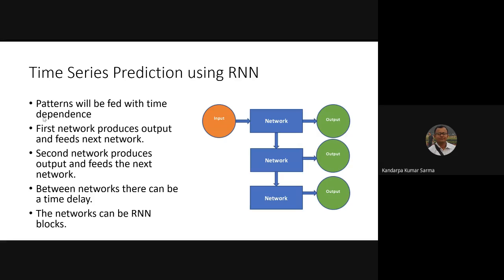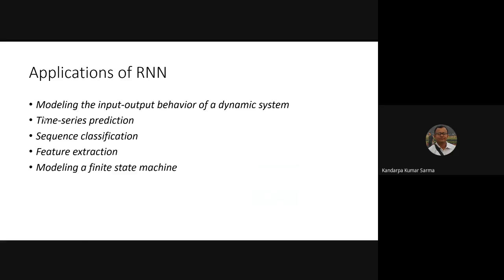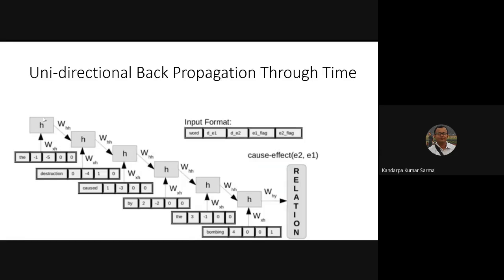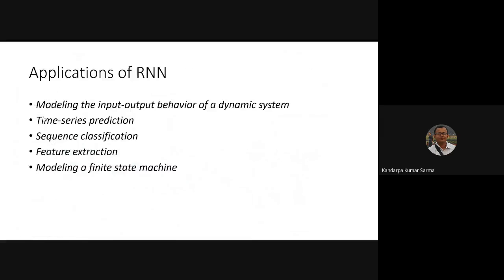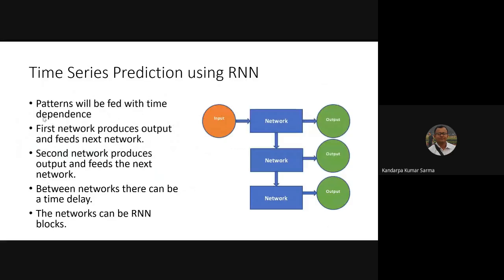So let's talk about the time series prediction by the use of the RNN. We have seen it just before. So this is a case of a time series prediction where you can have a unidirectional or a bidirectional training or feed through which you can track the sequences, or you can have simplified network copies, and in the simplified copies of the network you can feed the sequence, and then each of the networks will be generating responses, and the topmost network will generate a response and feed the next network.